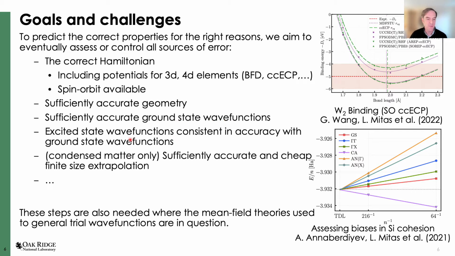So all of these need to be worked on, particularly for systems where the mean field methods that we might use to generate the trial wave functions or the geometries today, systems where those might be unreliable or not trustworthy in some way.